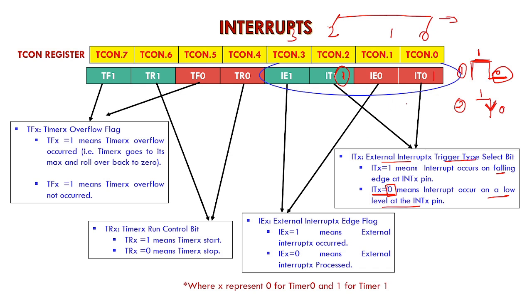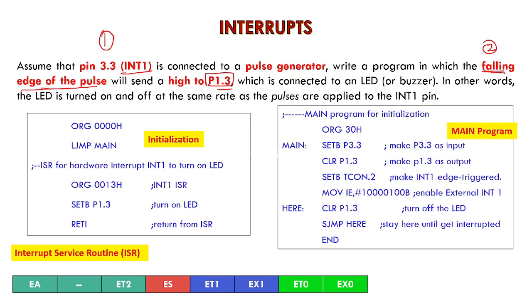To enable this, you have to set the specific bit in the TCON register, then only the edge trigger will work. So in this program they want you to work in the edge trigger. That is the main logic you want to observe.